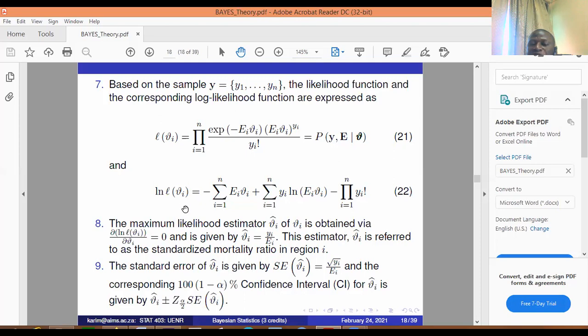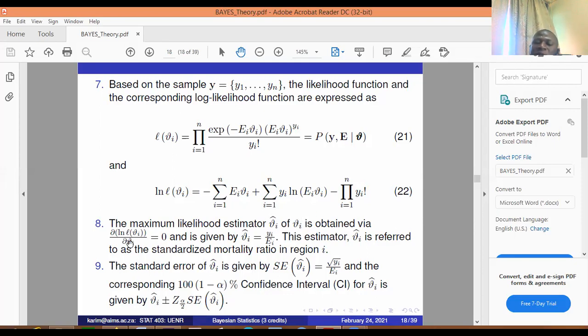Now we differentiate equation 22 with respect to the parameter of interest, which is theta, the theta here. So the maximum likelihood estimator is denoted by this, and it is estimating theta.